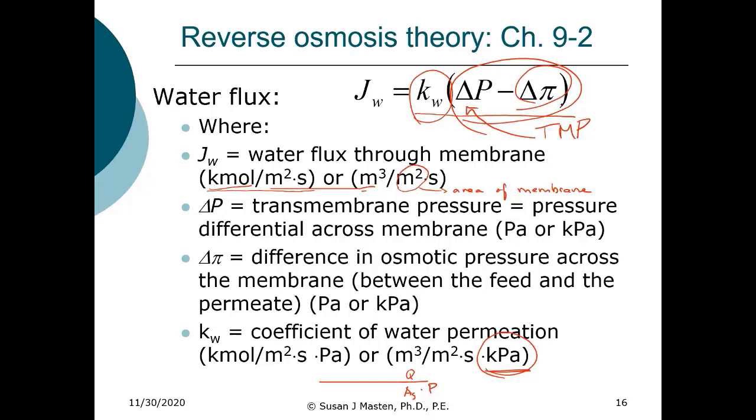So we're both looking at differences across the membrane surface. This is the transmembrane pressure, the difference in the pressure across that membrane. And this is the difference in the osmotic pressure between your feed solution and the permeate.